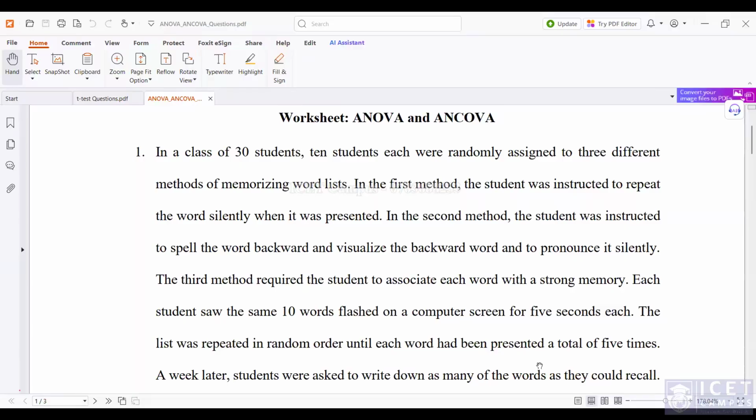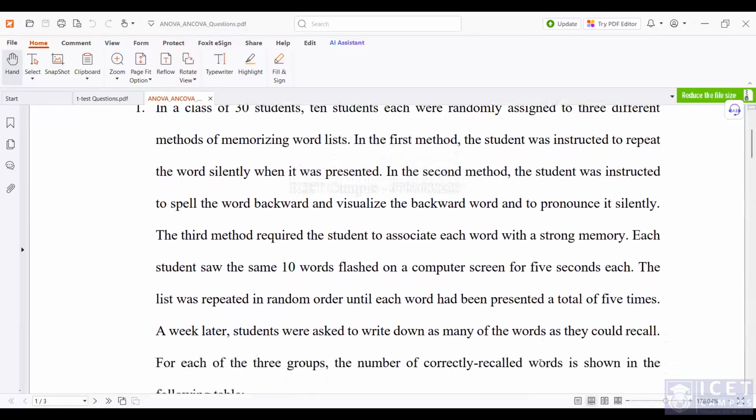The third method required the students to associate each word with a strong memory.